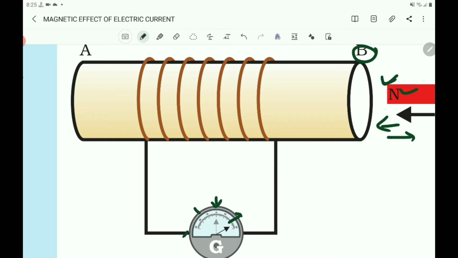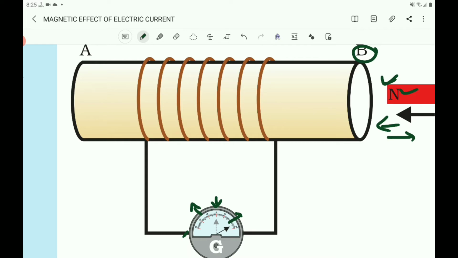Here, the deflection will be in this direction. It shows that the current is now set up in the direction opposite to the first. Means the direction of the flow of current changed as the magnet moves away from the coil.